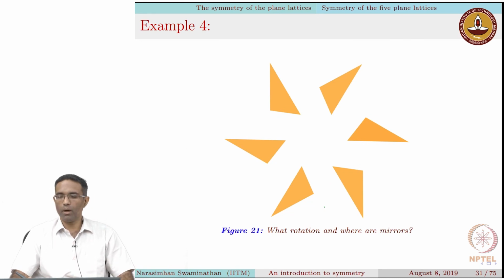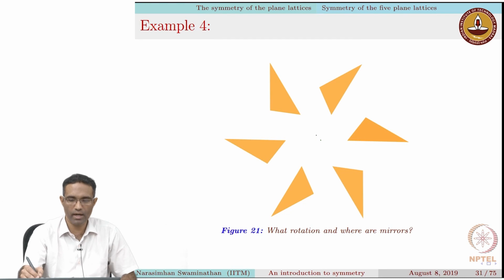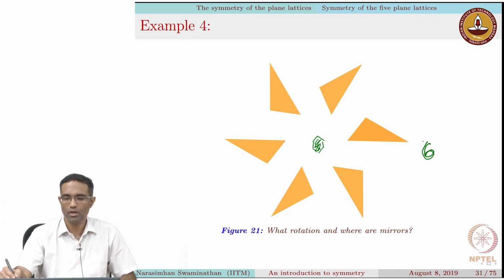The first thing that you want to look for is a rotation axis. So a 6-fold rotation is present, right? Right here in the center you have a 6-fold rotation. Once you look at the 6-fold rotation, what else should you have?